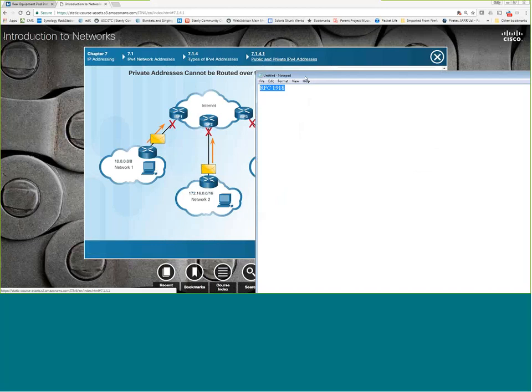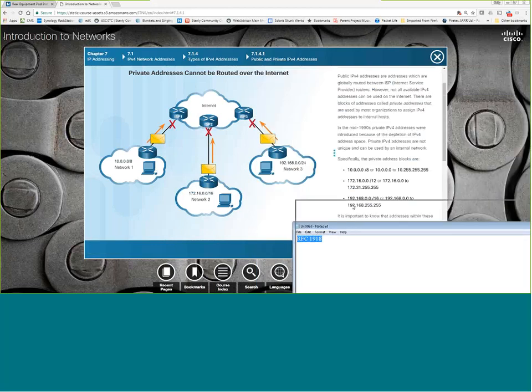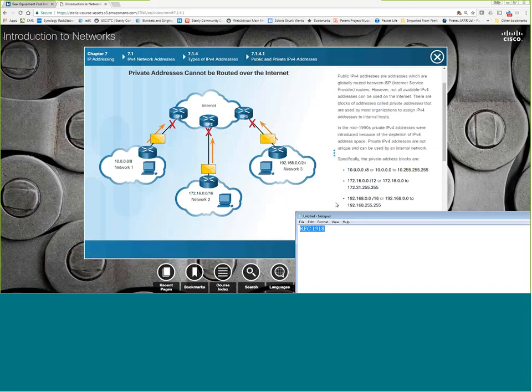These addresses were set aside to allow folks to address their internal networks and then use NAT to convert to a single public address or a pool of public addresses on the outside. These addresses and the subsequent use of NAT are the only reason we're not all running IPv6 already on everything we're doing.